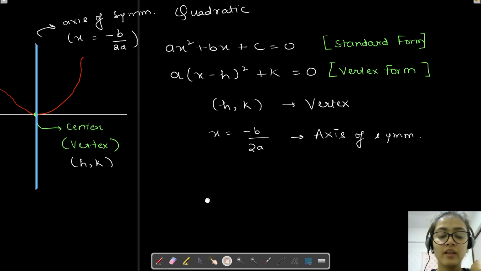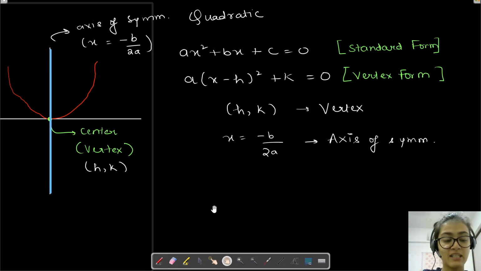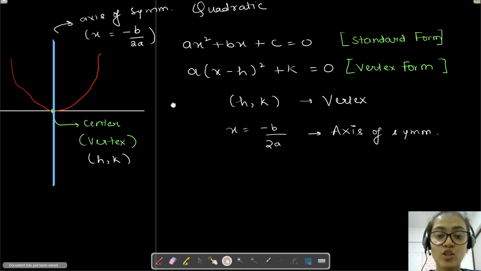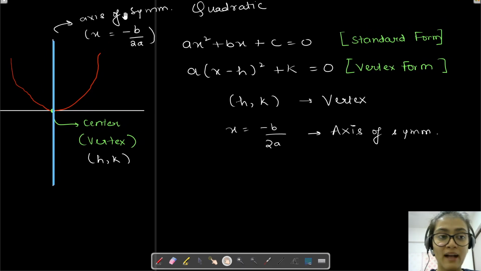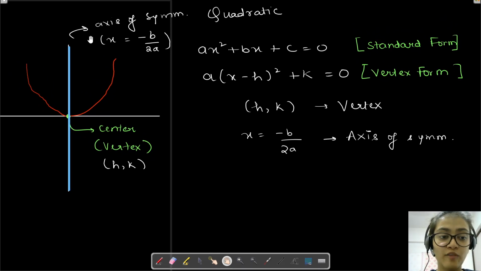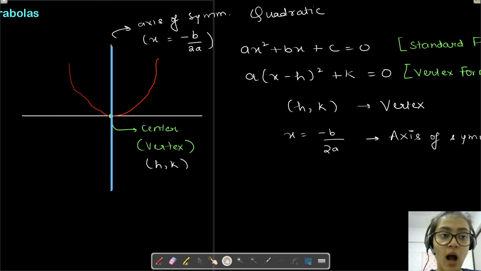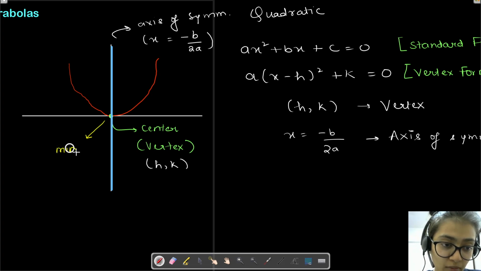Then we have something called the maximum or minimum value that this function will take. In order to find the maximum or minimum value, first of all, this kind of parabola is called opening upward. So in this case, you'll get a minimum value. This particular value is going to be the minimum value of the parabola.